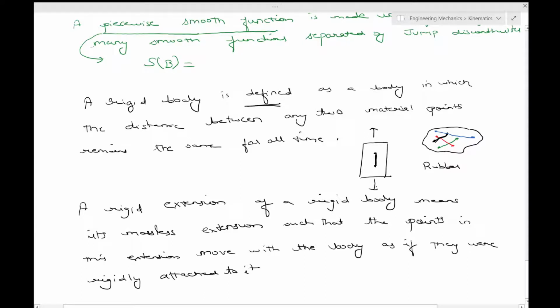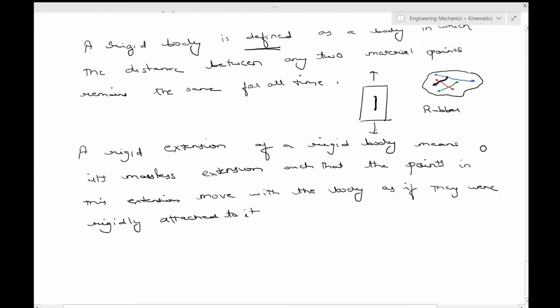A rigid extension of a rigid body means it's a massless extension such that the points in this extension move with the body as if they were rigidly attached to it.